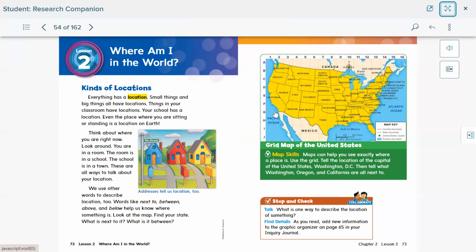Oregon, they're all next to. Very good. So we have different places, and the map helps us to find them. And the squares we just read and learned about, the grid maps also help us find the location, what's on the left, what's on the right, above or between.